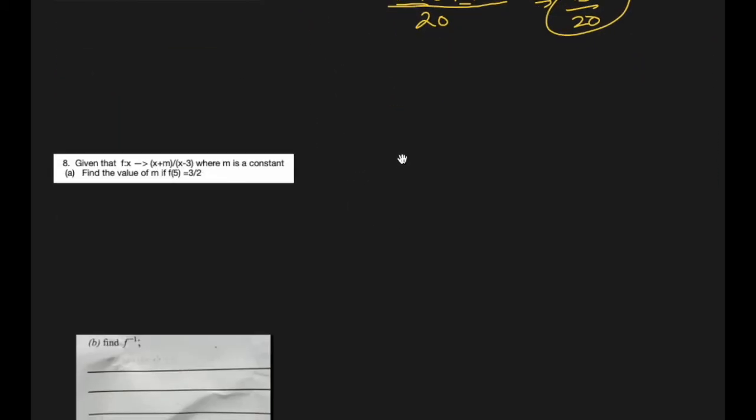Question number 8. Again, the quality was not good, so I have typed myself the first part. Okay, f(x) is such that it is equal to, let me write it this way, (x plus m) over (x minus 3), where m is a constant. Find the value of m if f(5) is 3 over 2. So f(5), that means substitute x with 5.